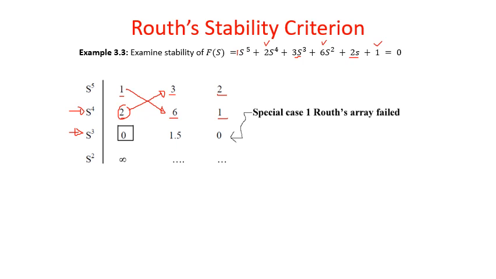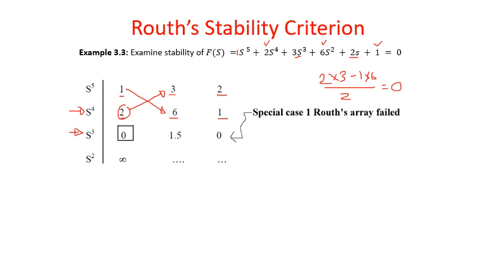I will show here. So first 2 multiplied by 3 minus 1 multiplied by 6, whole divided by 2. The answer you will get is 0. That is what you write.